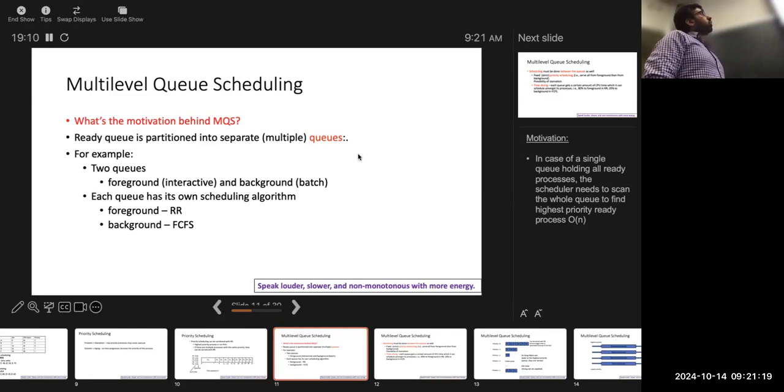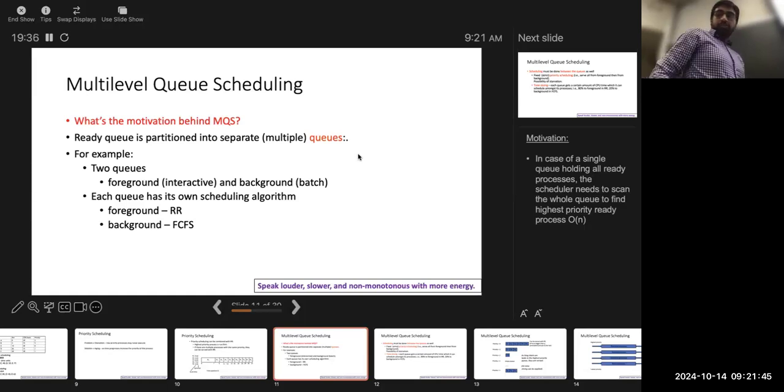So you can put them into two different ready queues, one ready queue for the foreground processes and one for the background processes. We are assuming that foreground processes have more priority than the background processes for execution, because users have to interact with the foreground processes frequently.